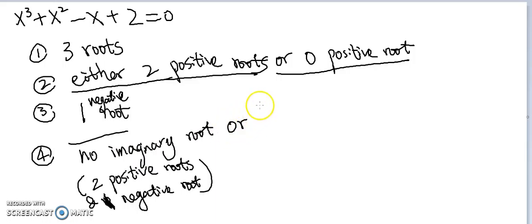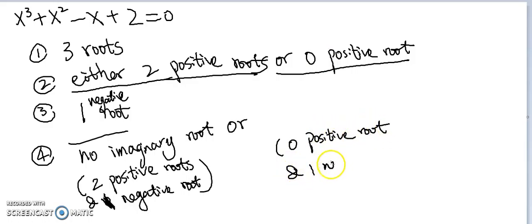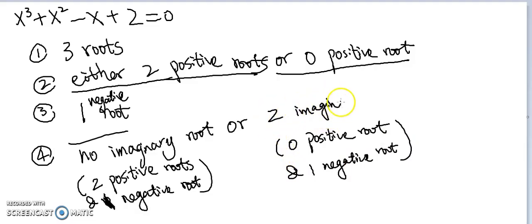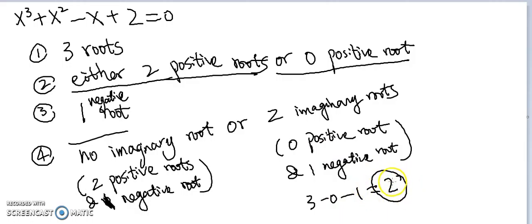But what if it has 0 positive roots? If it has 0 positive roots and 1 negative, that means we have 2 imaginary roots. The reason is that we have a total of 3, minus 0 positive roots and 1 negative root. That would tell us we have 2 roots left. What are they?